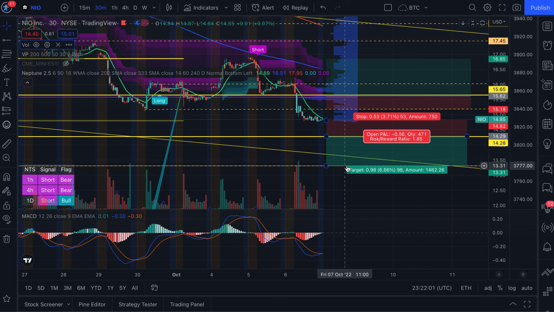It could break this support as well. So that is the play that I'm going to be aiming to take tomorrow, but I will wait for the economic news, which is going to come out before market open, so that's not a problem. So let's see how this play works out for us in the coming days, and I'll see you next time.